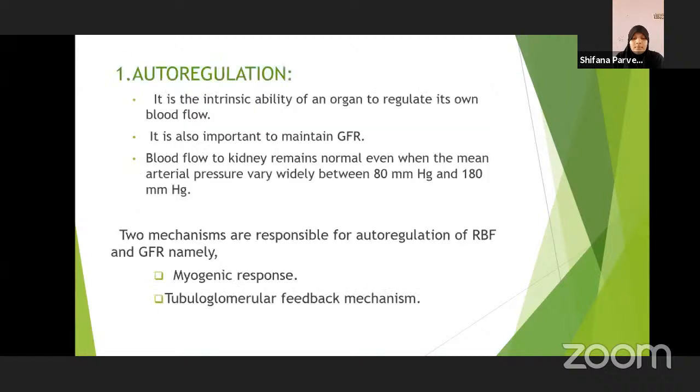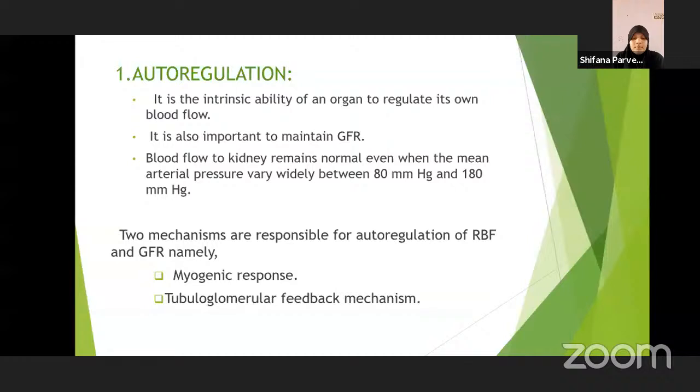As you all know, there are three vital organs in our body, namely heart, brain, and kidney, which show autoregulation of blood for them. What is autoregulation? It is the intrinsic ability of an organ to regulate its own blood flow. The autoregulation of the kidney is also important to maintain glomerular filtration rate.